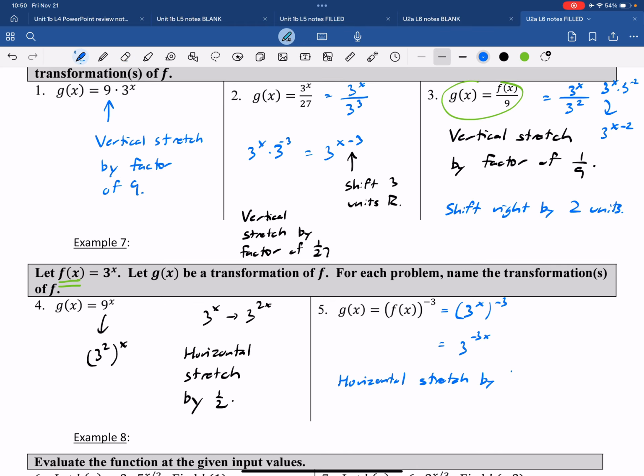Sorry guys, I'm just kind of fading here. Okay, horizontal stretch by negative 3, or we could say a reflection, right? That's option 1.